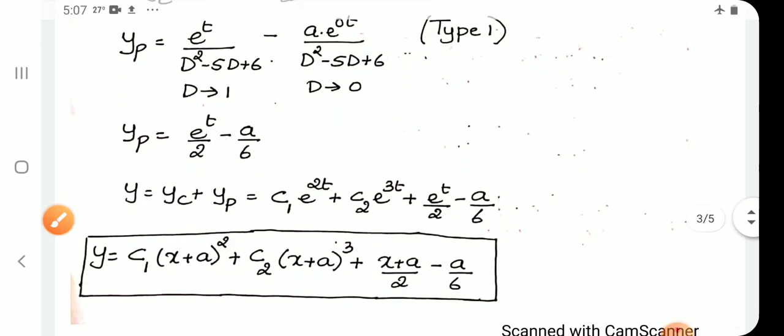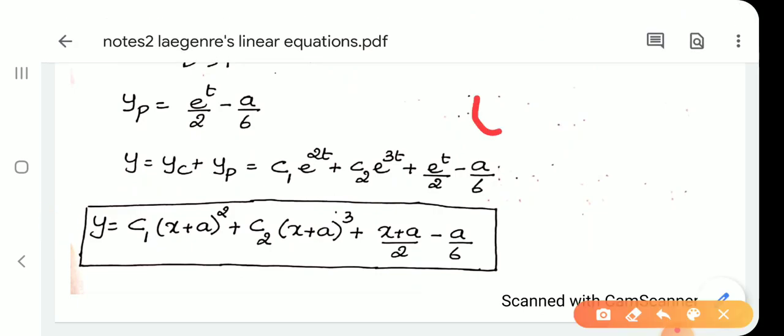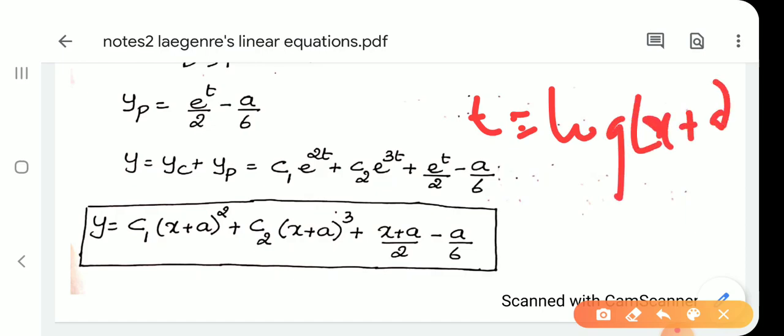So if we write the solution, y is equal to yc plus yp, we get c1 e power 2t plus c2 e power 3t plus e power t by 2 minus a by 6. Again we have to replace t is equal to log of x plus a, and e power t is equal to x plus a.